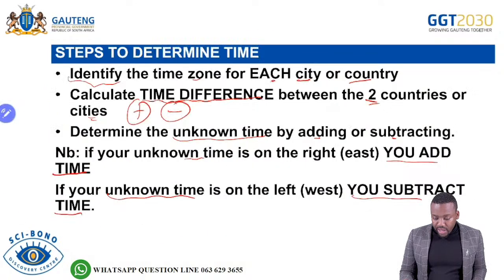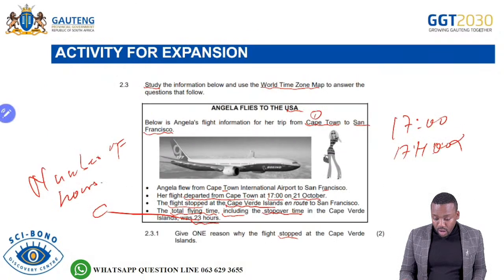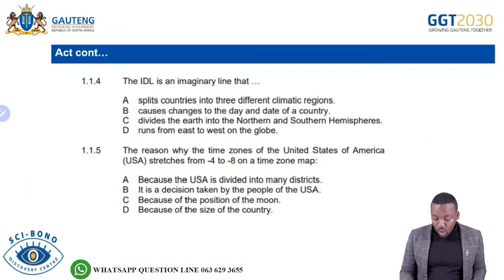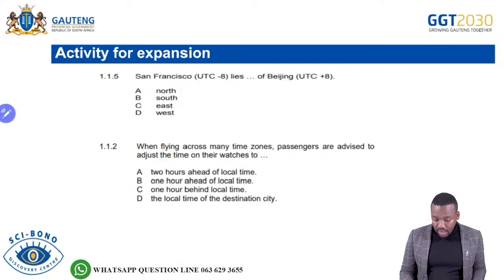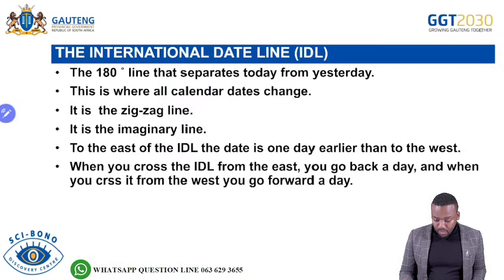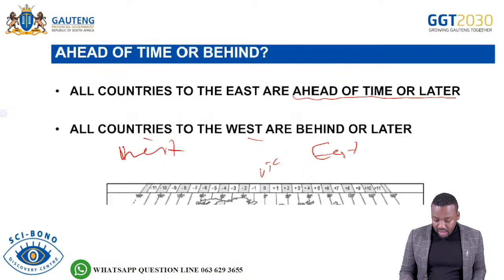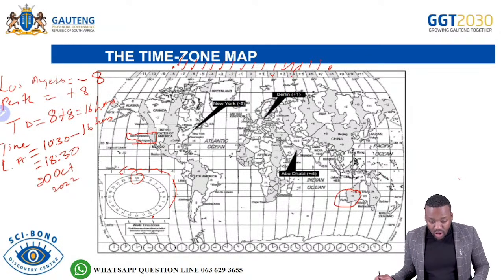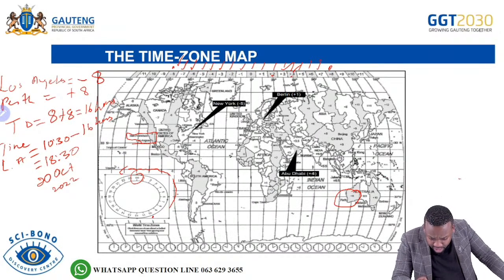You need to ensure that you go back to your time zone map to identify your time zones correctly. Somewhere on minus. Yes, we are getting there. San Francisco is on -8.